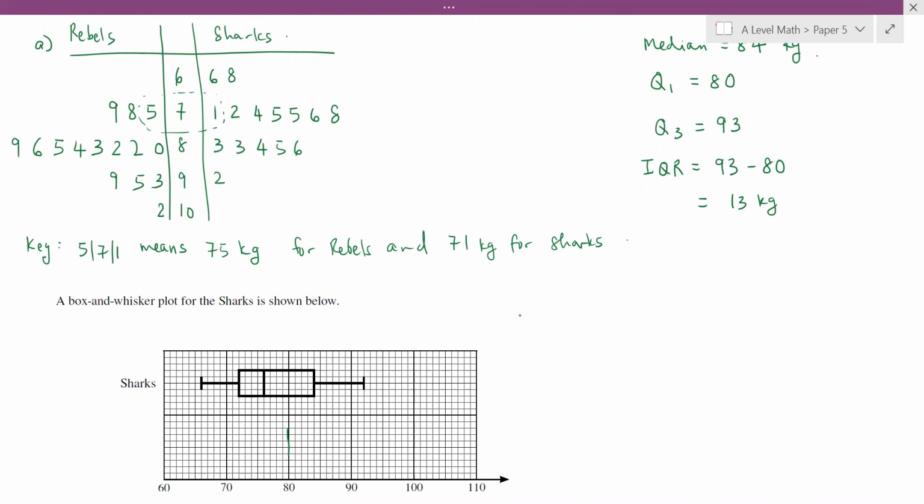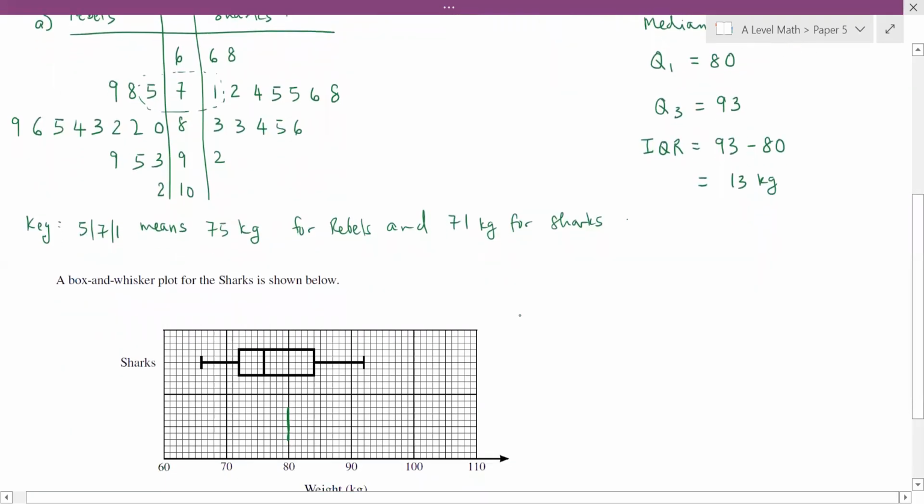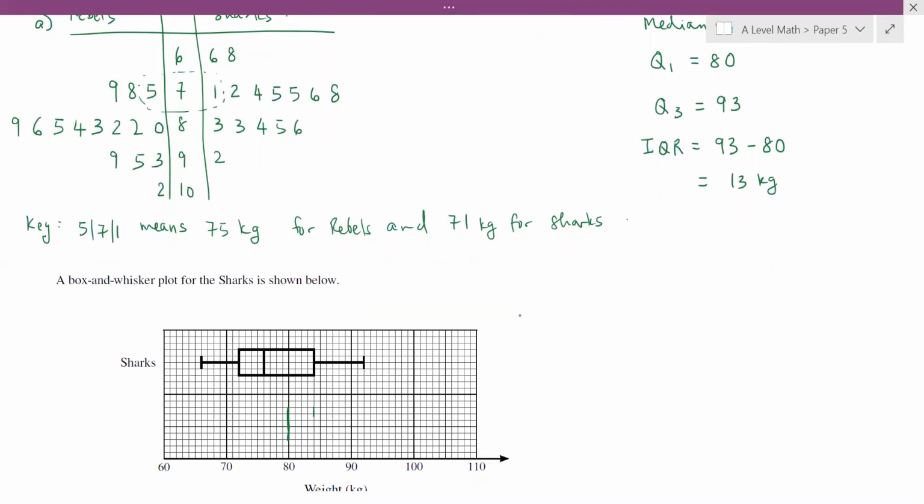So let's just draw 1, 2, 3, 4, then the middle is here. So we have Q1 at 80, and then Q2, the median, is 84. So 81, 82, 80, you have 84 here. That will be your Q2. And then we have 93 for Q3. So this will form a box.